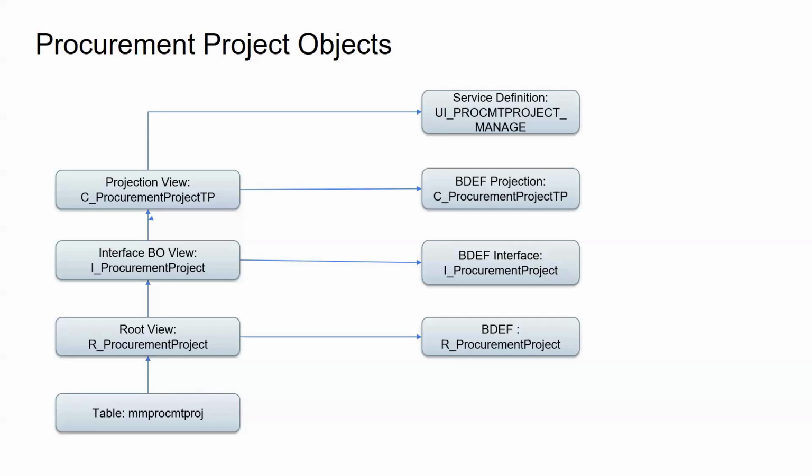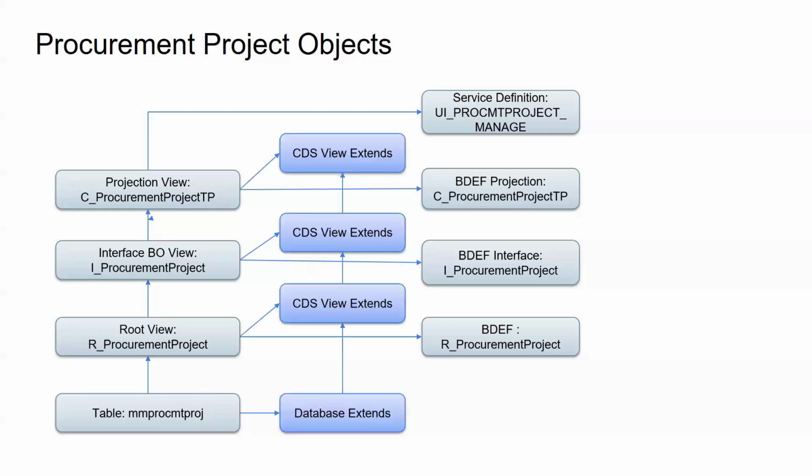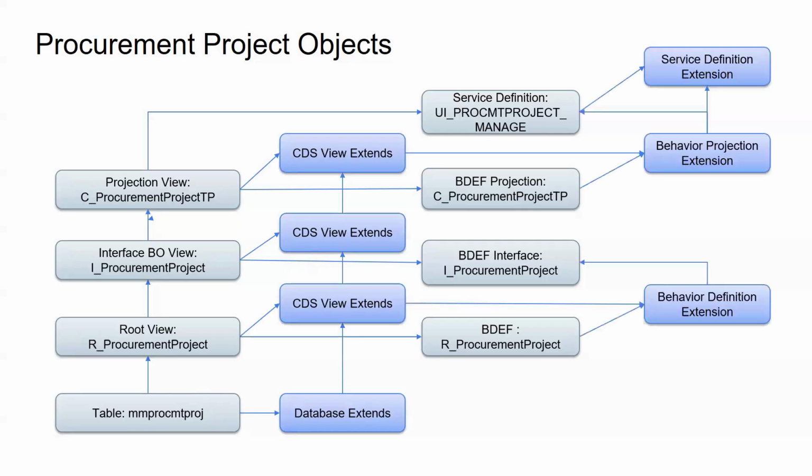So for our use cases, whatever I have mentioned for custom field, custom logic, and node extensions, I need to enhance each level, saying that I need to add a new field, I need to enhance at each level. The same way I need to enhance at each level in terms of service as well. So each level of the object I need to enhance, and then I need to build the UI.